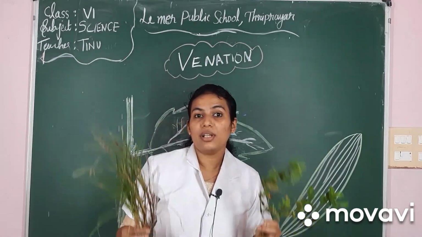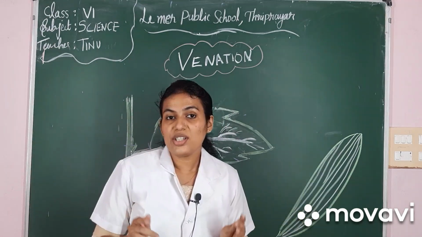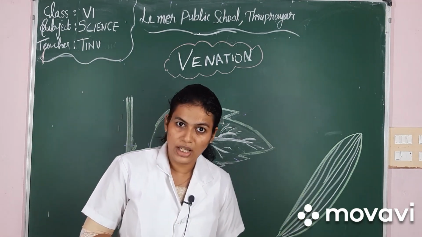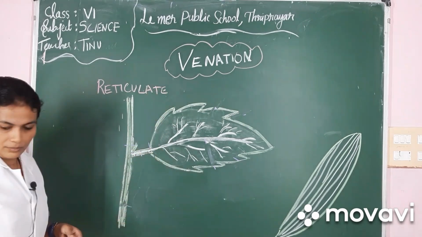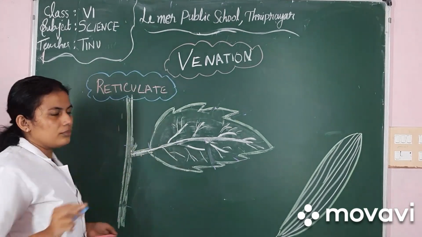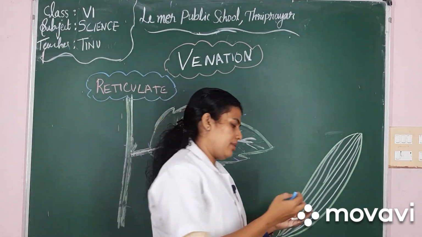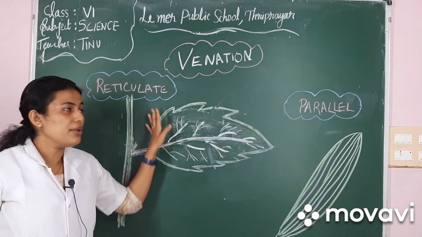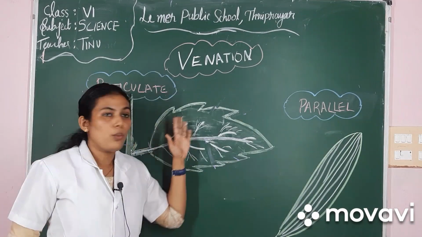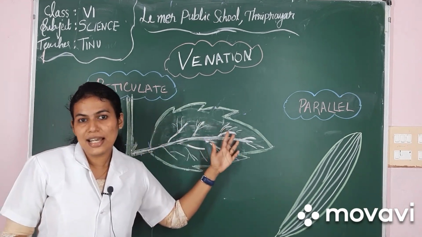Now, as we observed in both these plants, venation is of two types. The first one is reticulate venation, and the second one is parallel venation. In reticulate venation, the veins are arranged on the lamina in a net-like pattern.